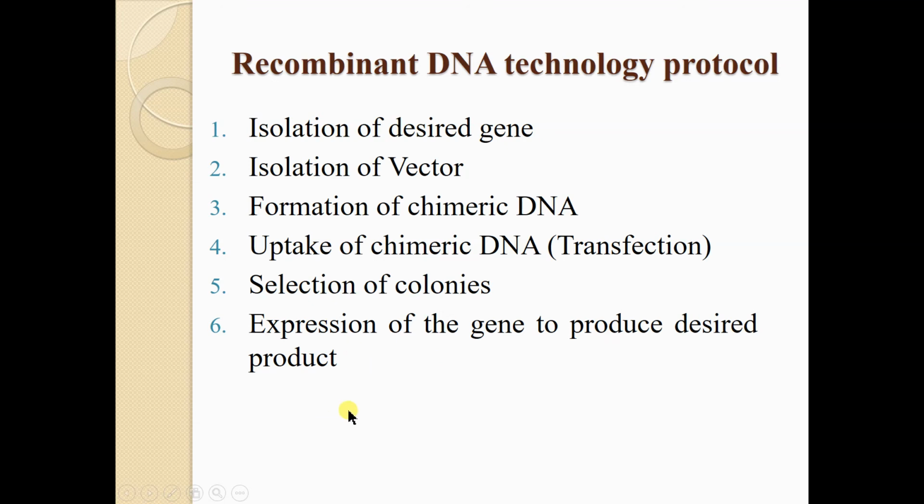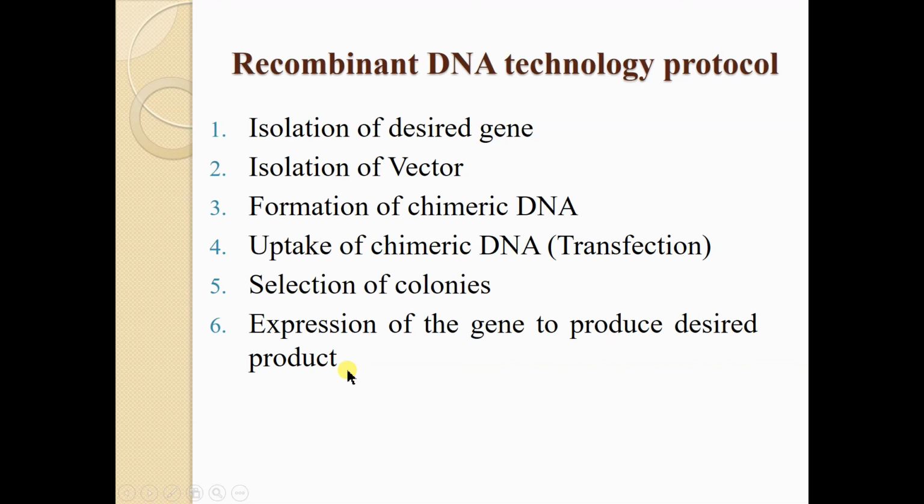So this is the recombinant DNA technology protocol. First is isolation of the desired gene, then isolation of the vector, then formation of chimeric DNA, then uptake of chimeric DNA into the bacterial cell. This process is known as transfection. Then selection of colonies, and then expression of the gene to produce the desired product.